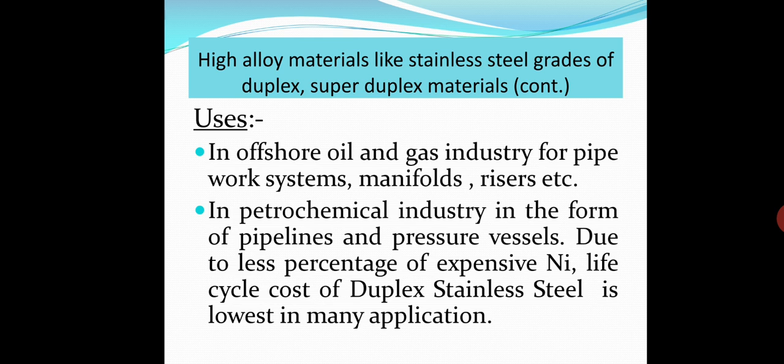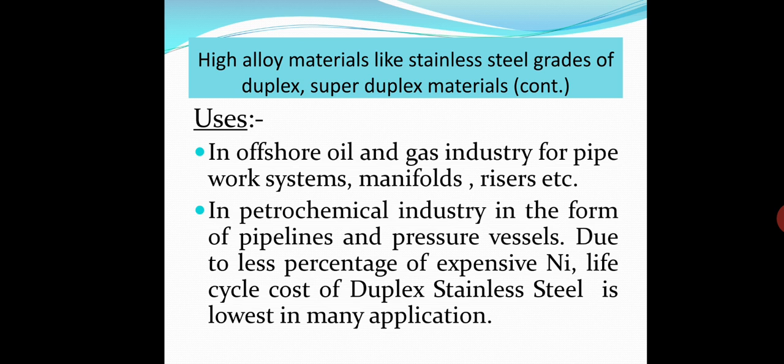So the uses are in the offshore oil and gas industry for pipe work systems, manifolds, and risers because of corrosion resistance. In offshore areas, corrosion is the major factor to be considered during selection of the material.